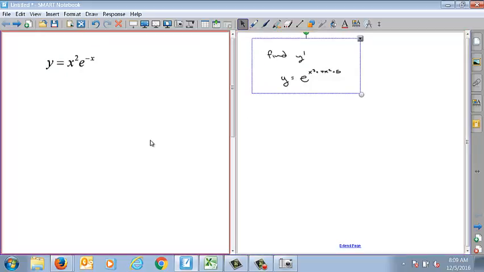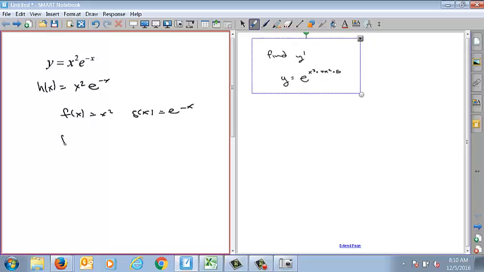Okay. So as I just said, this is a product. So I could write it like this just to fit it into a nice form. Use h of x just because then I can use f of x and g of x. So f of x is equal to x squared. g of x is equal to e to the minus x.